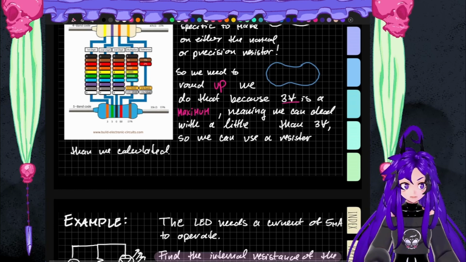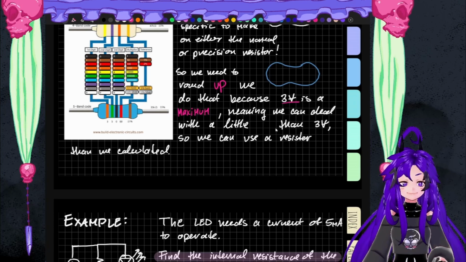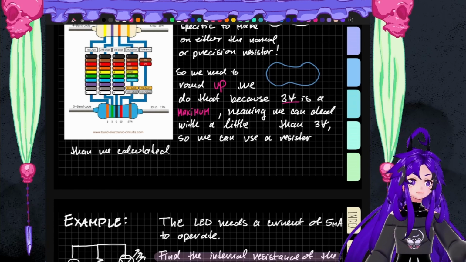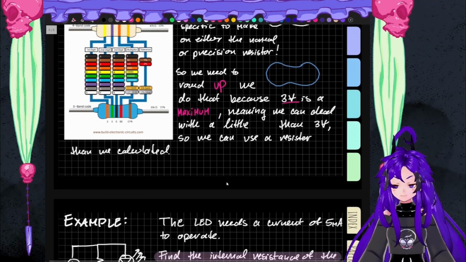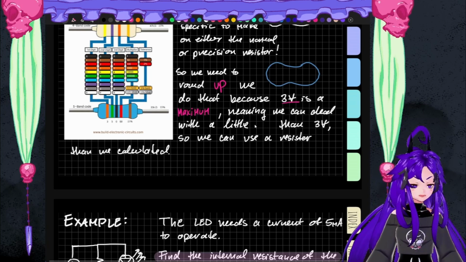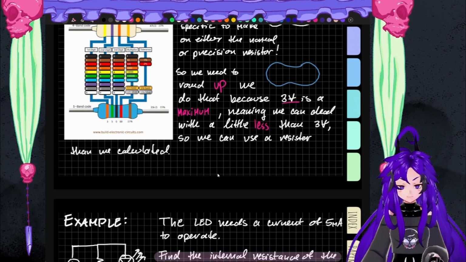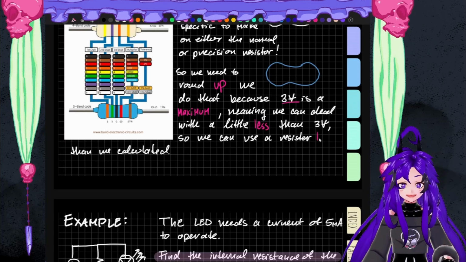So we have to choose a resistor that has more resistance than the number we calculated. So we can deal with the device having a little less than 3 volts if it means that the device is not going to fry. So the resistor can be a little larger.